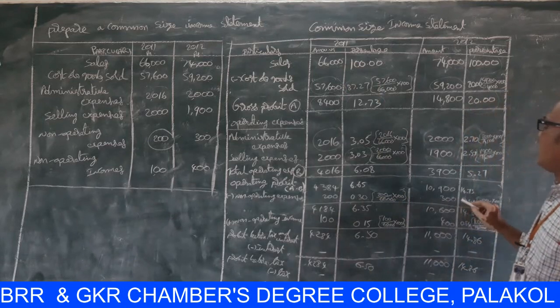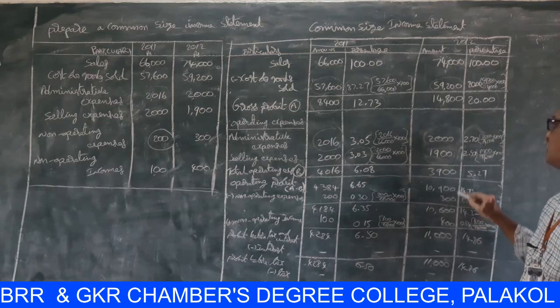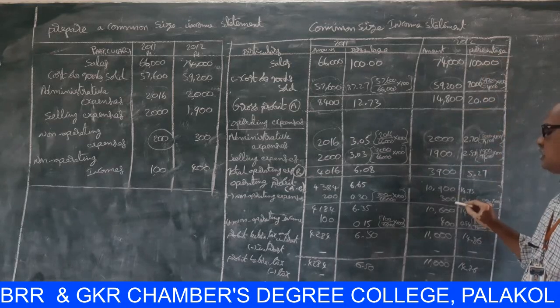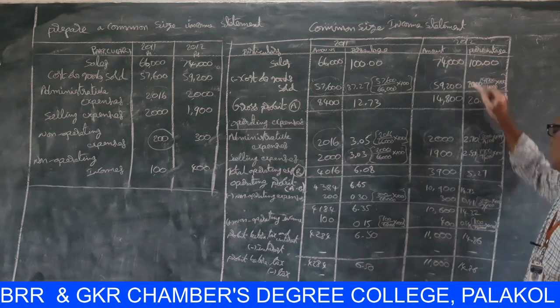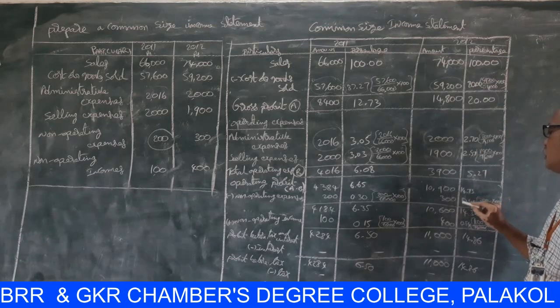Next one, non-operating expenses in the year 2012 is 300. The percentage of non-operating expenses is 300 by 74,000 into 100, that is equal to 0.41.